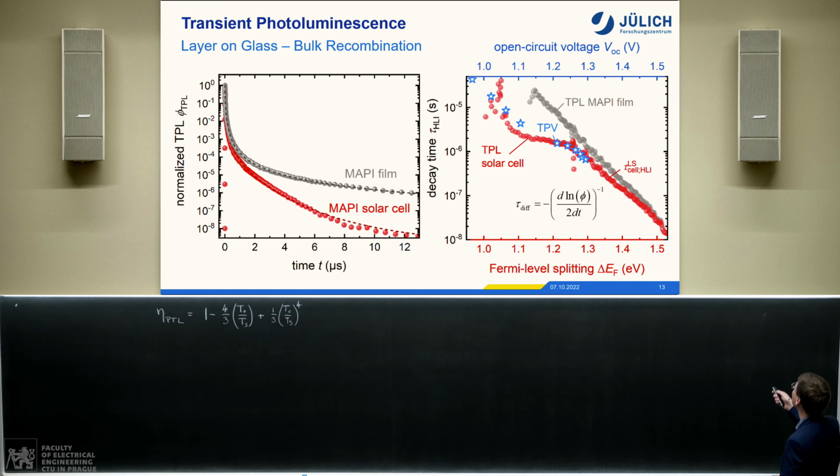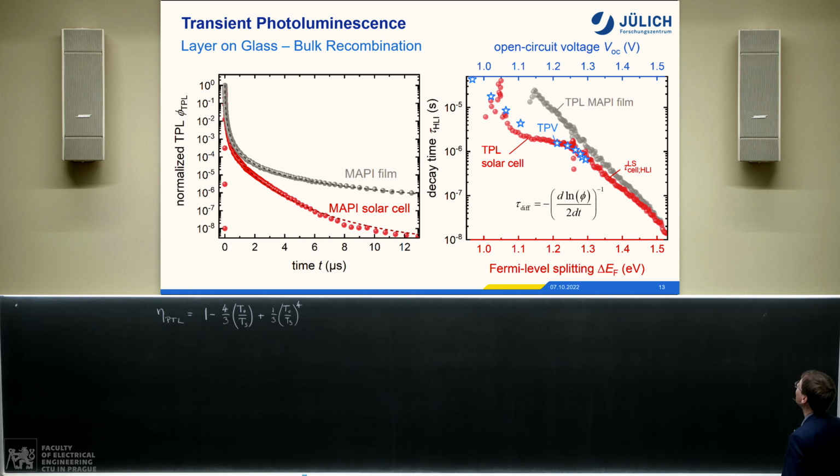Okay, and now the gray is the film, and you can see it's continuously changing for as long as we can measure. That means it doesn't seem to have any deep trap that is visible in the data. Yeah? It's really continuously changing.